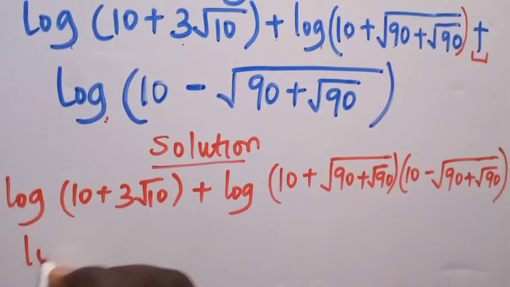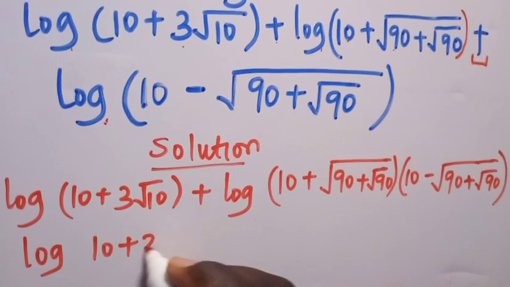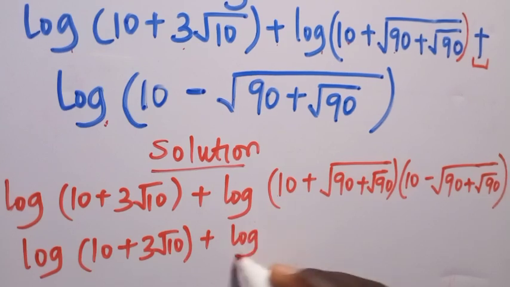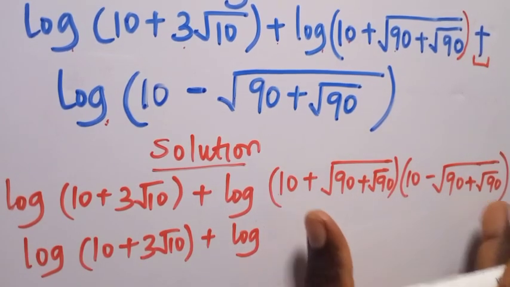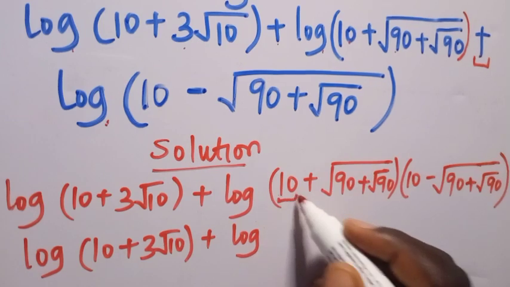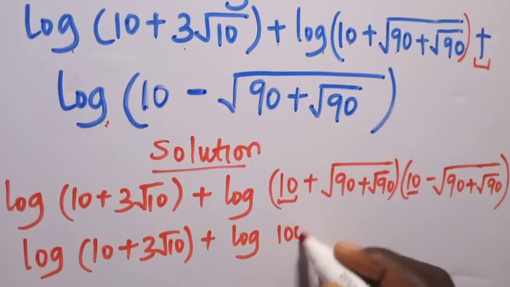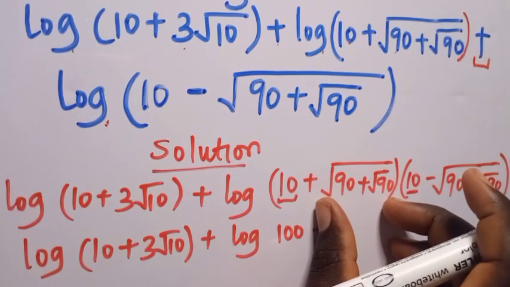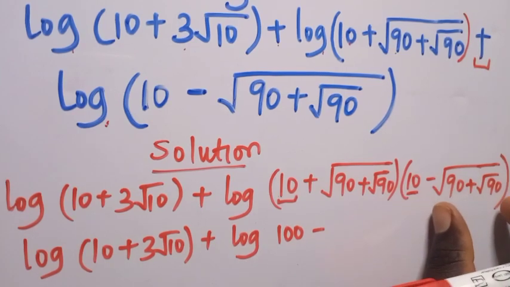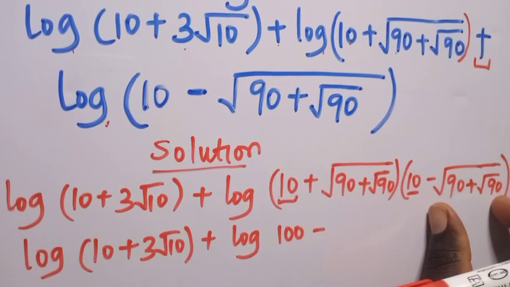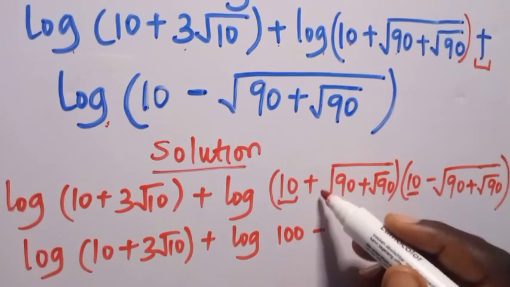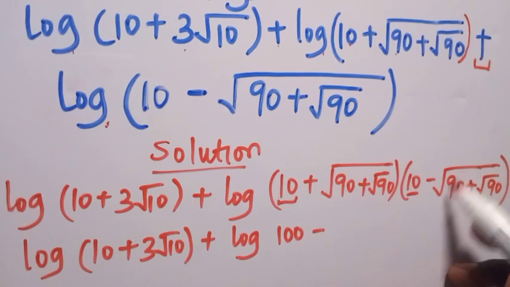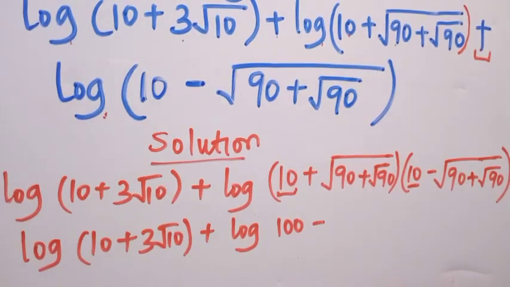Therefore, we shall have the logarithm of 10 plus 3 root 10, then plus the logarithm of, if we expand this, 10 times 10, which is 100, then minus the square root of 90 plus root 90 times the square root of 90 plus root 90, from surds. This one and this one simplify.